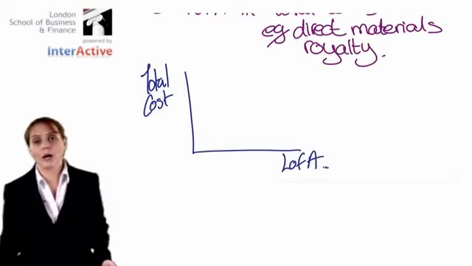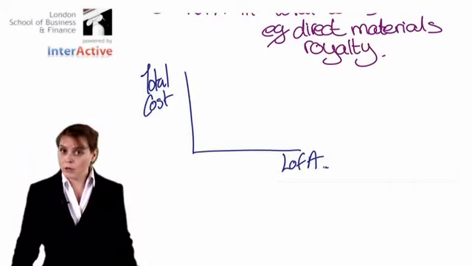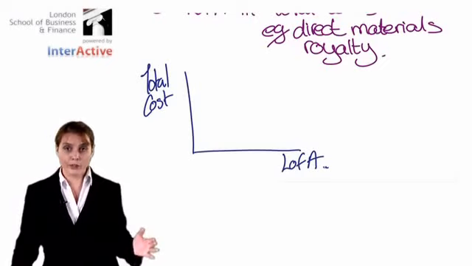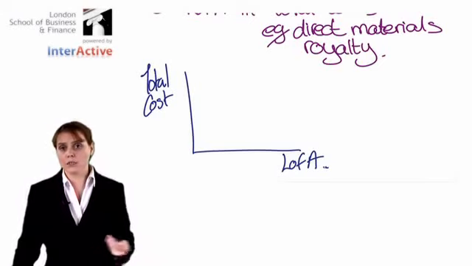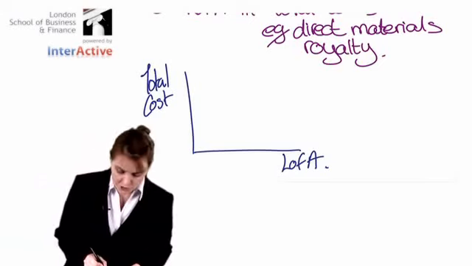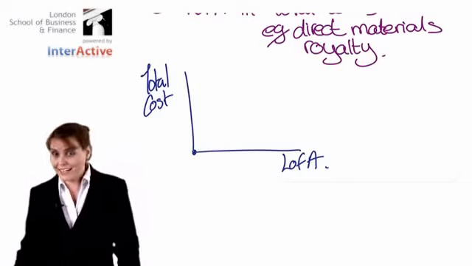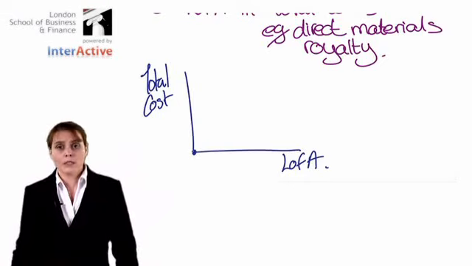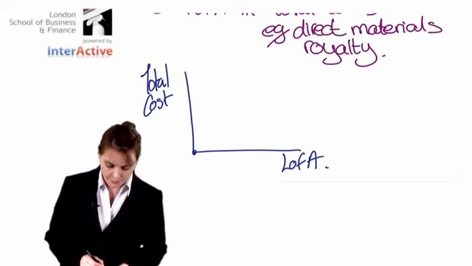So for our variable costs, like our direct materials, when our level of activity is 0, what will our total variable cost be? Well, if we're not going to produce or sell any of our units or any of our tables at all, then our total variable cost is going to be 0. If we don't produce and sell any units, then we're not going to pay for any direct materials, and we're not going to pay any royalties, and so on. So when level of activity is 0, total variable cost is 0.